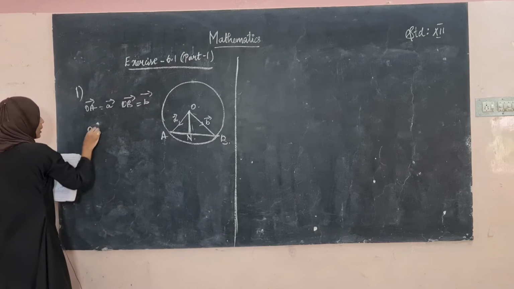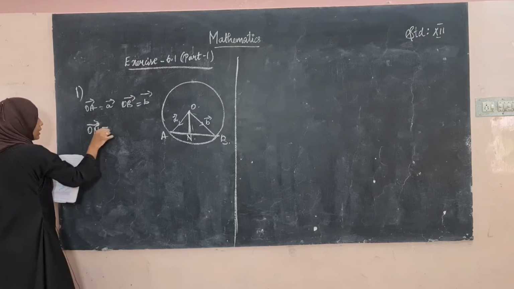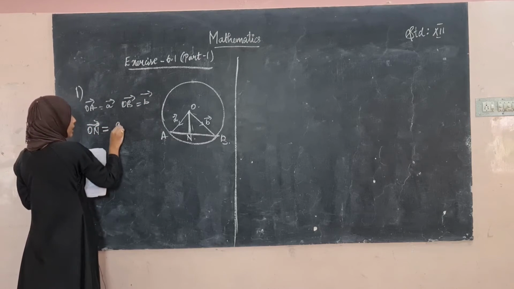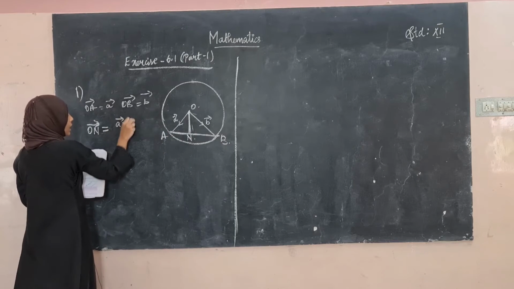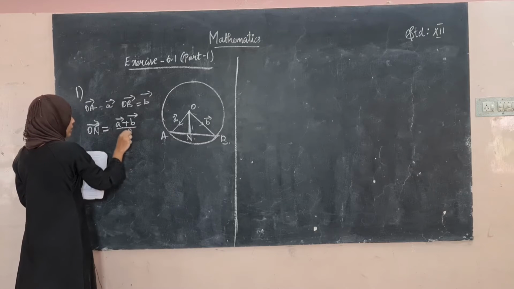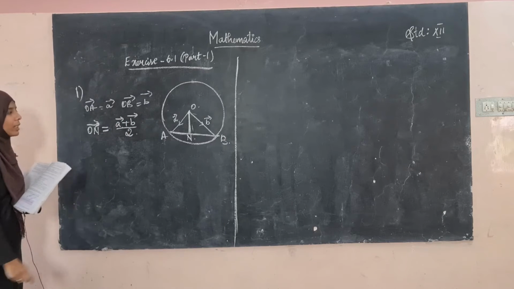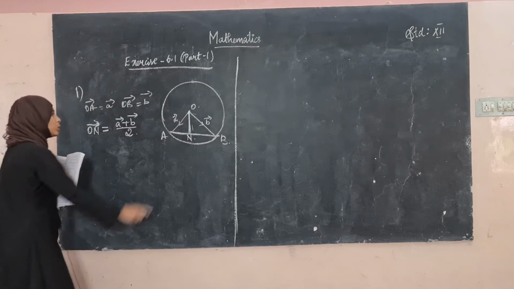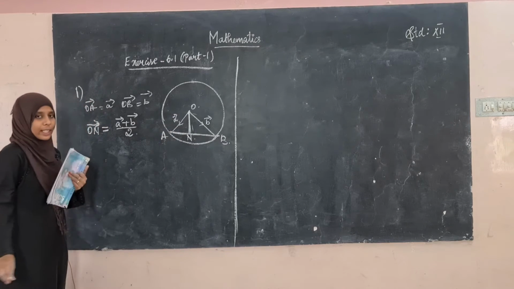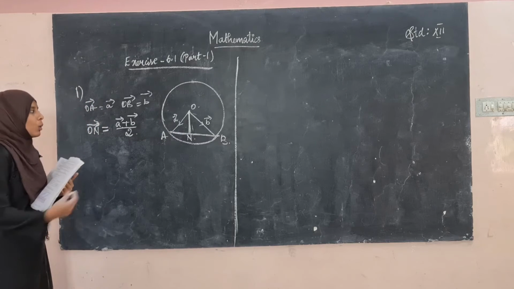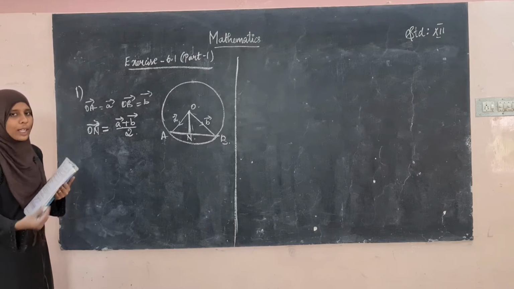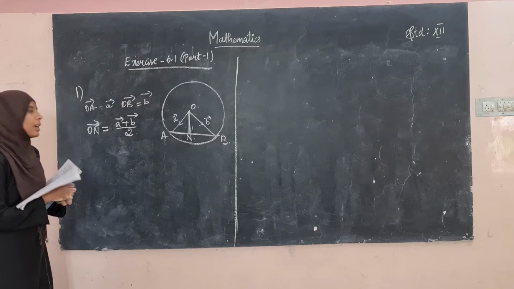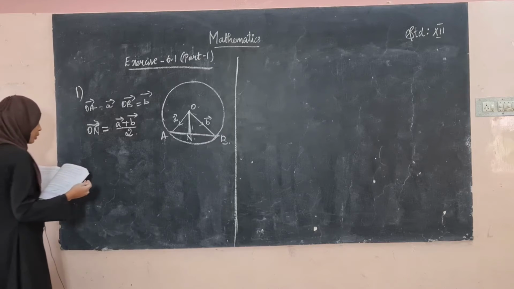Now ON vector is equal to OA vector plus OB vector divided by 2, that is A vector plus B vector divided by 2. If we want to prove these two vectors are perpendicular, we can show ON vector dot AB vector is equal to 0. If we prove that, then we can say that these two vectors are perpendicular.